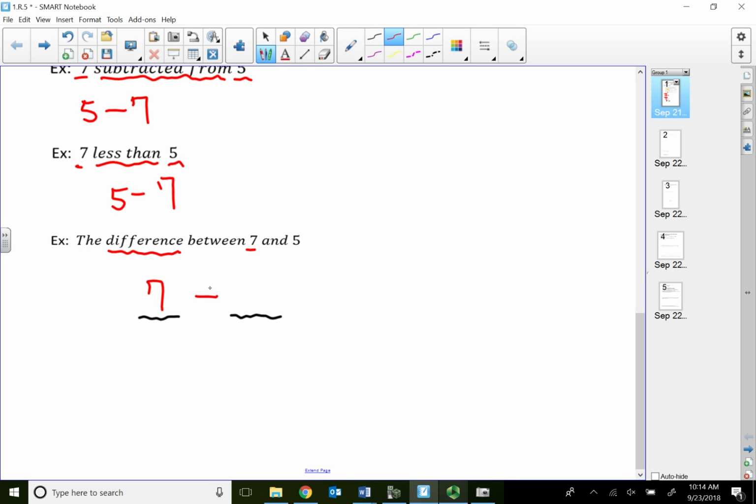It's a subtraction between 7 and somebody else, 7 and 5. So the difference between 7 and 5 is exactly what you think it is: 7 minus 5. If the problem wants me to have 5 in the front and 7 on the back, then you would say the difference between 5 and 7 instead.